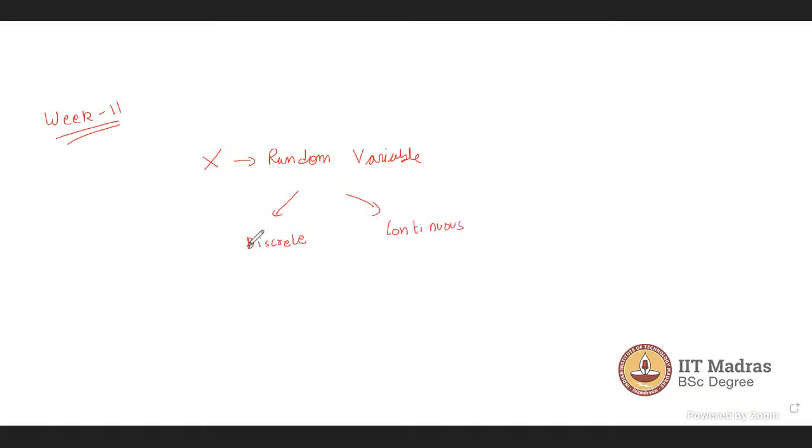Okay, so today we will discuss one of the discrete random variables, which is named the Bernoulli random variable. Suppose I am doing an experiment, and I can classify it into two outcomes. One is success, another is failure, right?